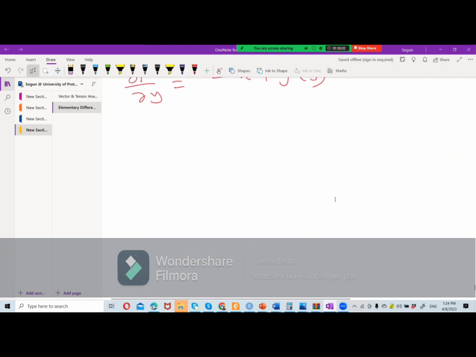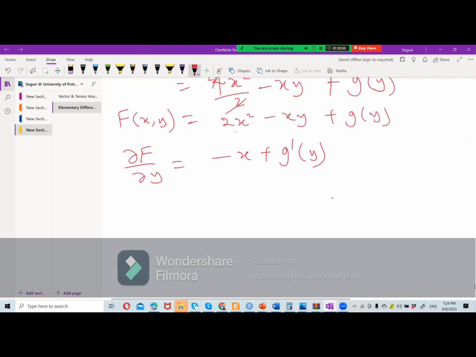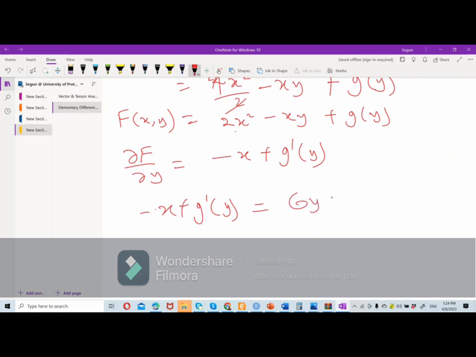So what we do is we have minus x, minus x plus g prime of y equals to the other side of it, which is 6y, minus x.